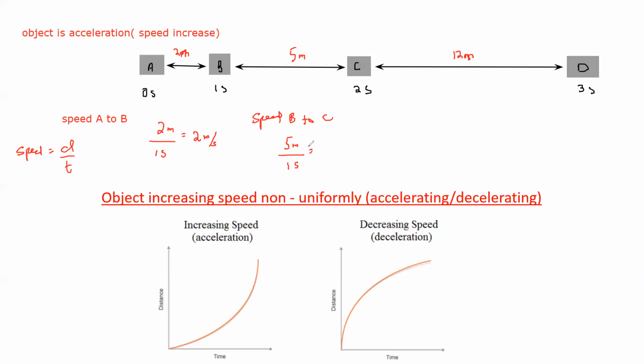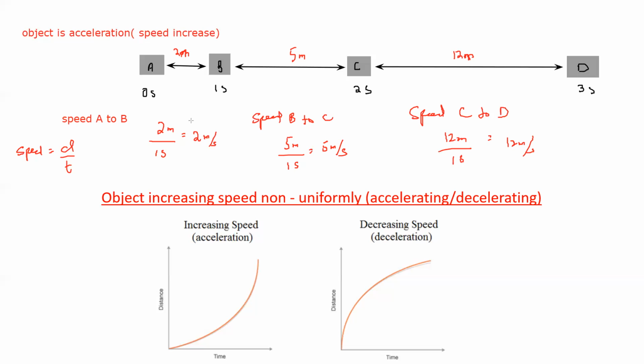So it will be 5 divided by 1, which comes out as 5 meters per second. And when we calculate the speed of this object from C to D, the distance traveled is 12 meters, and again the time interval is 1 second. So 12 divided by 1 comes out as 12 meters per second.